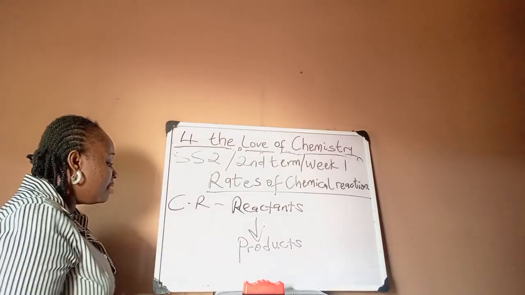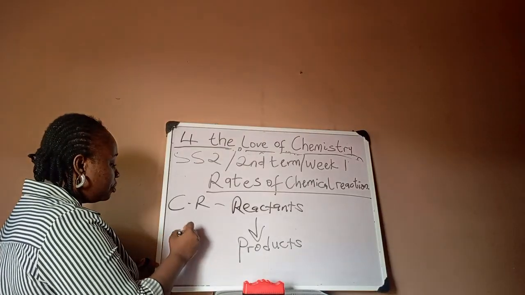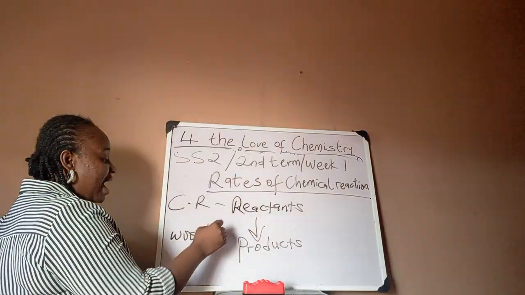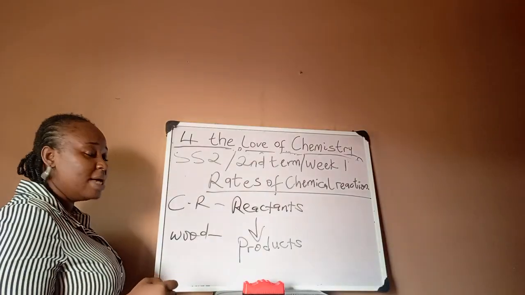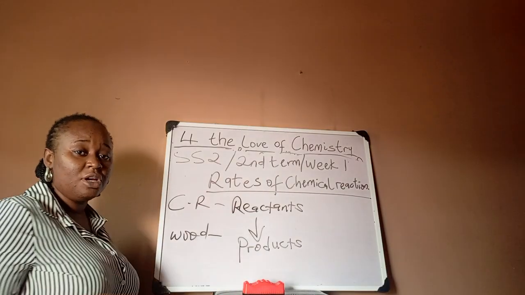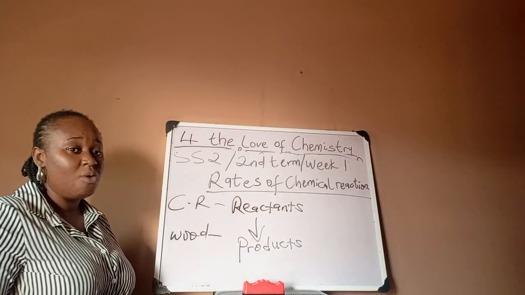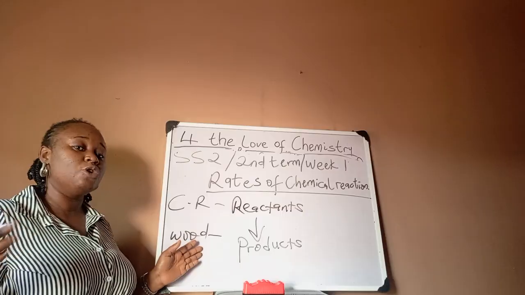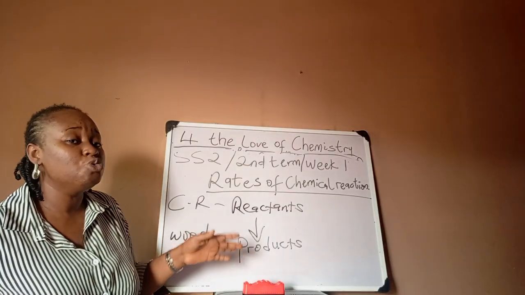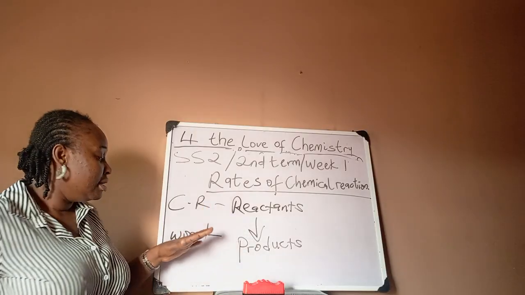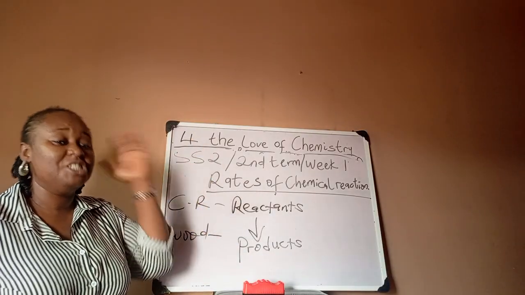For instance, if you want to burn wood and you set it on fire, sometimes the wood doesn't start burning immediately. Sometimes you have to add more kerosene, add more fuel, or whatever combustion agent you are using to start up the fire. Then eventually, when the wood lights up, it doesn't turn to ashes immediately.